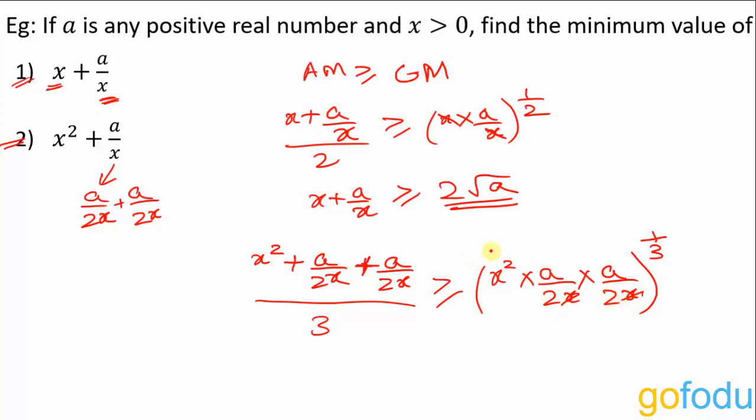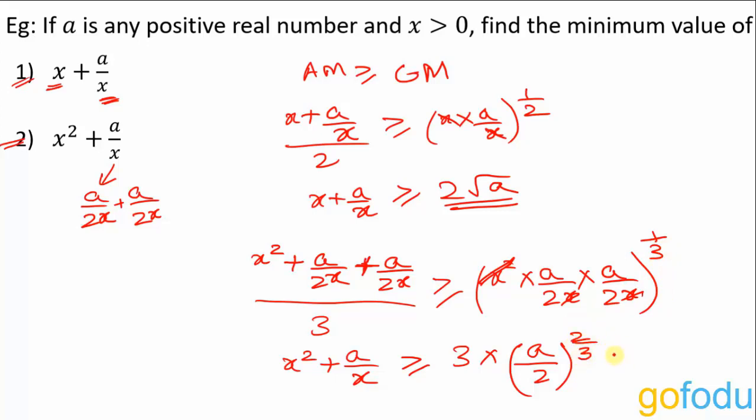This x and x will get cancelled and my required sum x square plus a upon x will be greater than or equal to 3 times (a by 2) whole square raised to 1 by 3, that is 3 times (a by 2) raised to 2 by 3. This is my final answer.